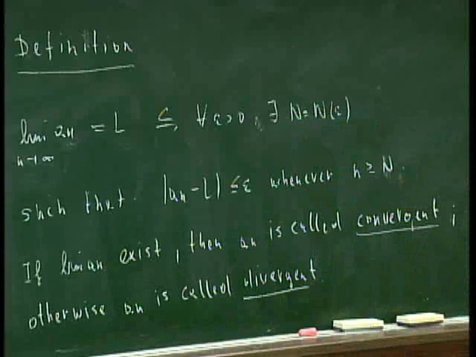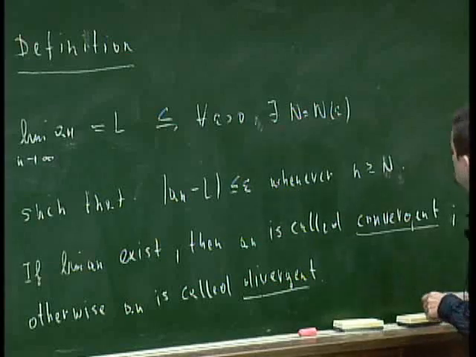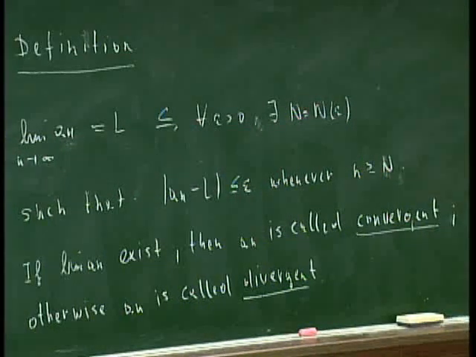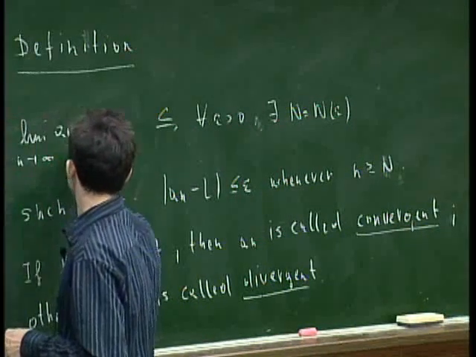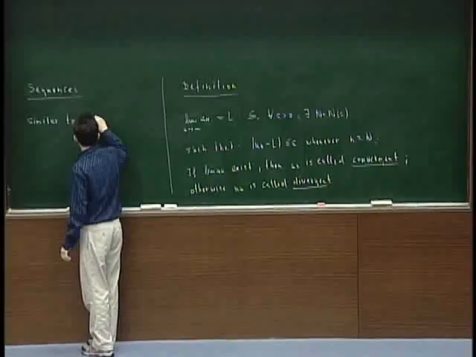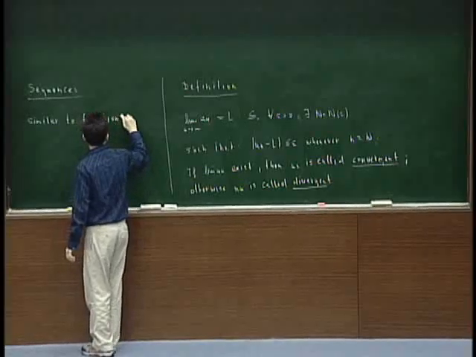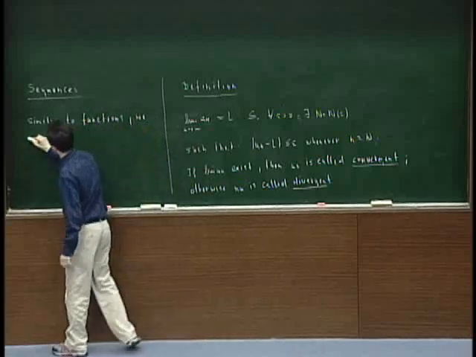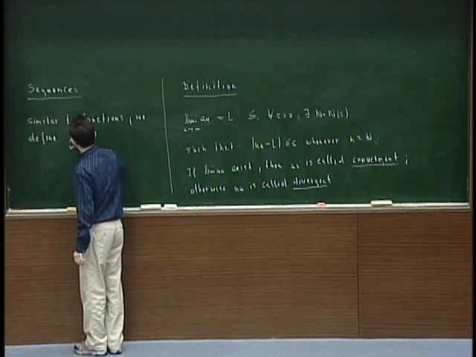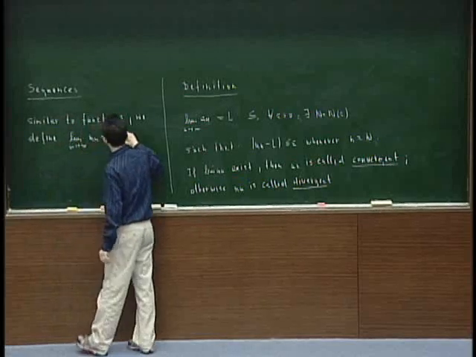The limit does not exist, but it does not exist in a very special sense. It's just the same as for functions. And you can give a similar epsilon delta definition for the limit as n tends to infinity being equal to infinity. So similar to functions, we define the limit as n tends to infinity of a_n is equal to infinity.